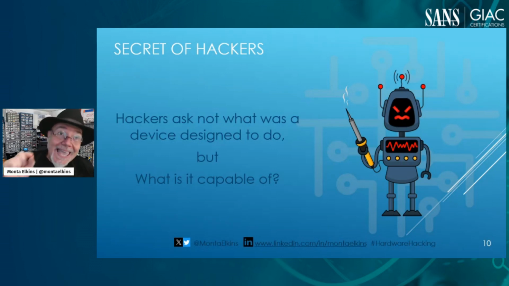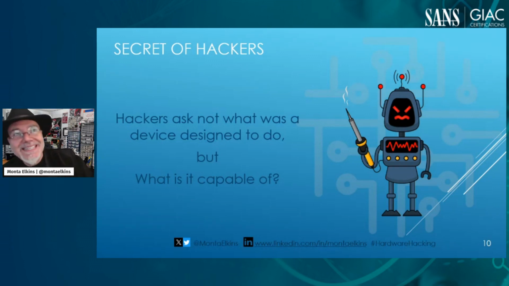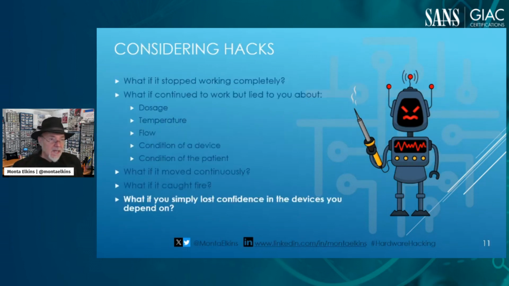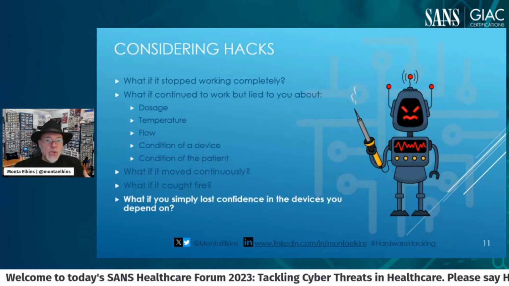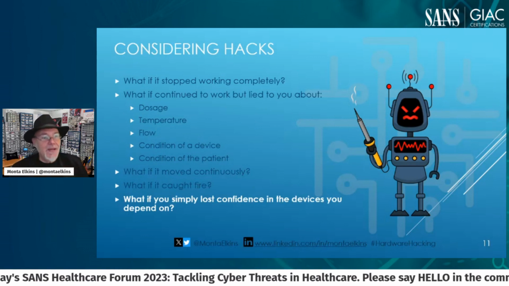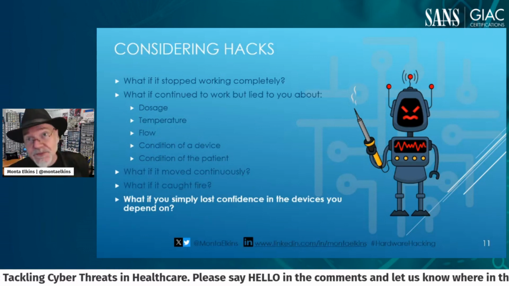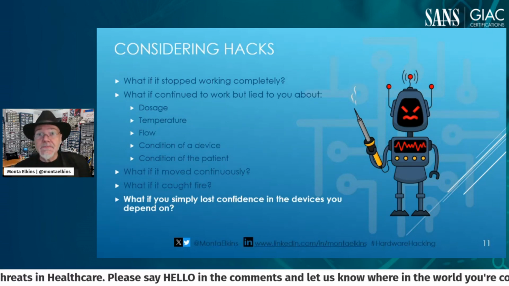But what is it capable of? Right? What is it capable of? It is capable, perhaps, of many different things compared to what it was designed for. But so what does that mean? That means that an attacker might modify it so that it stopped working completely. That's fairly easy to understand.